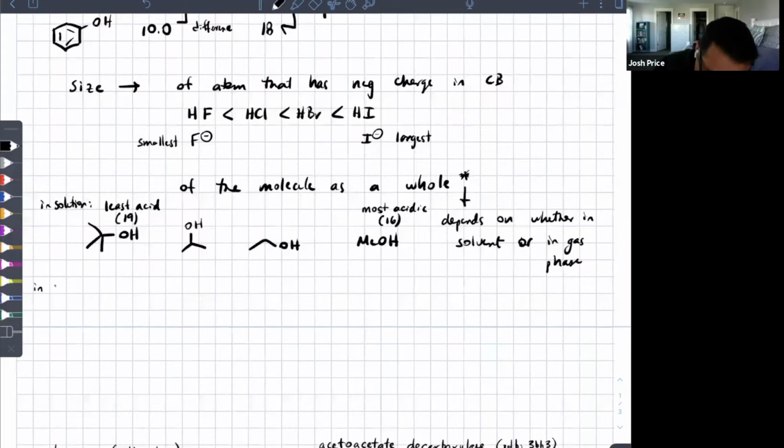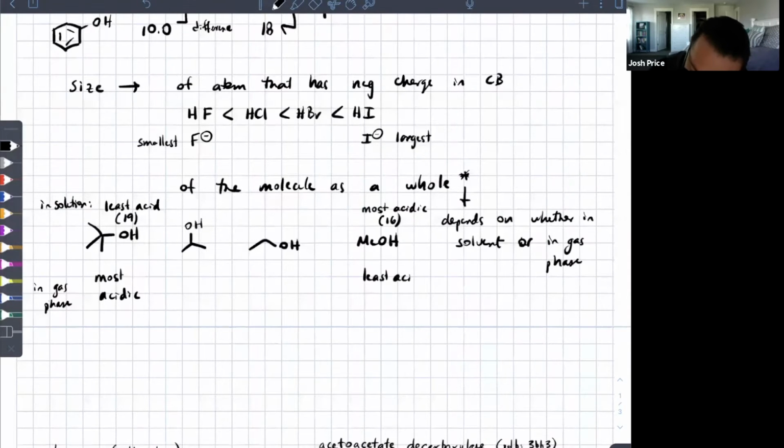But in the gas phase, it's exactly the opposite. So in the gas phase, tert-butanol is the most acidic of this series, and methanol is the least acidic.